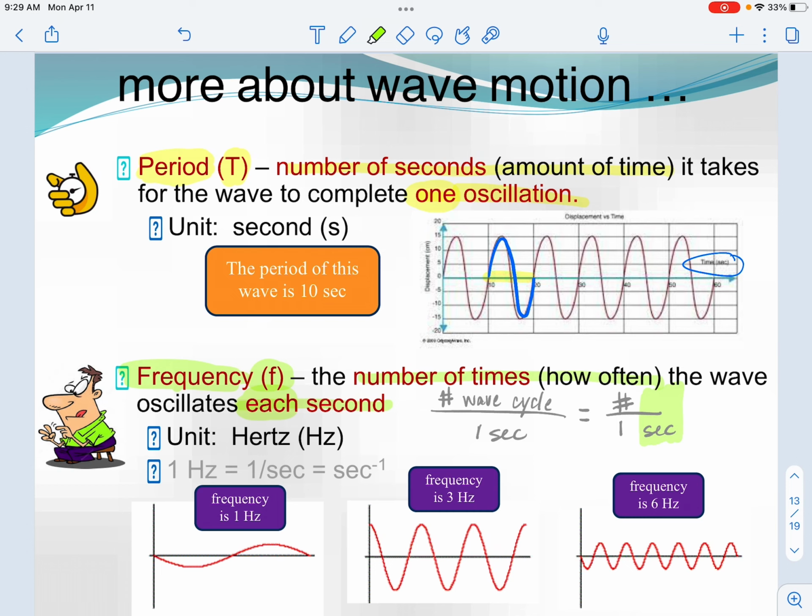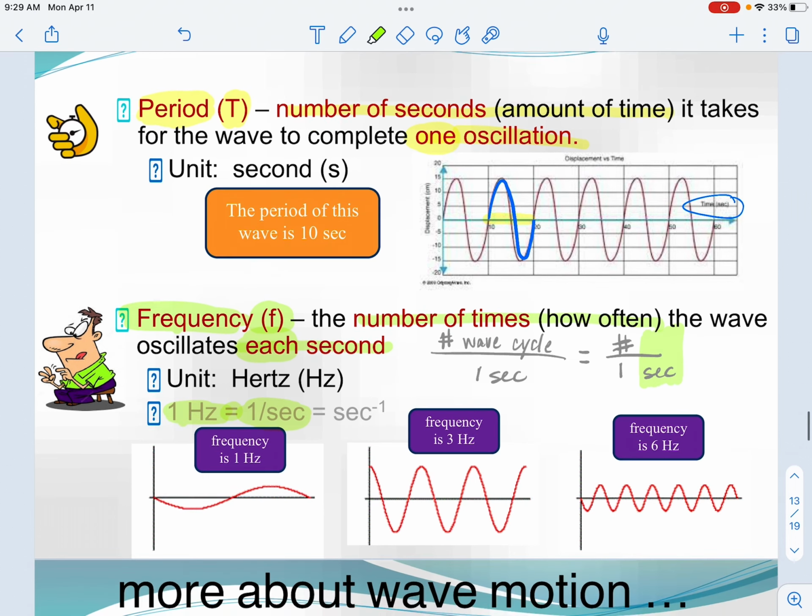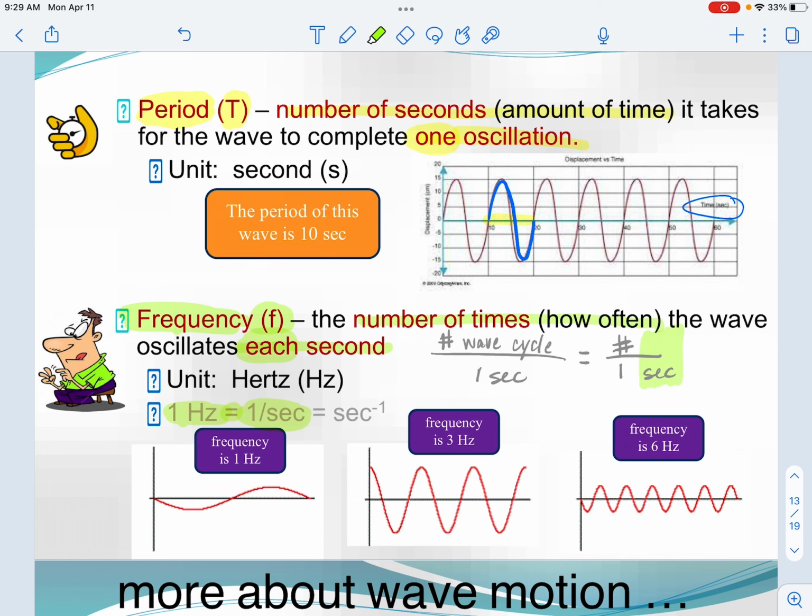Well, for this particular variable, we're not going to choose to express it as 1 over seconds. Instead, we are going to say 1 over seconds is equivalent to something that we're going to call a hertz. So frequency is a variable measured in hertz. It tells me how many oscillations per second.